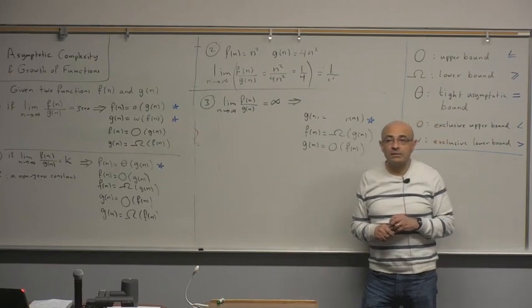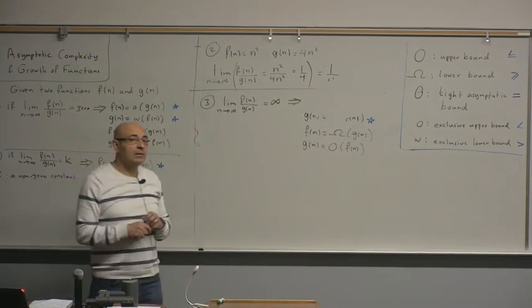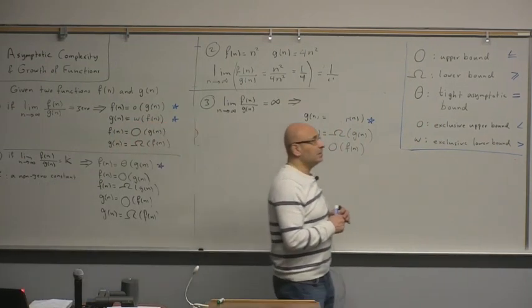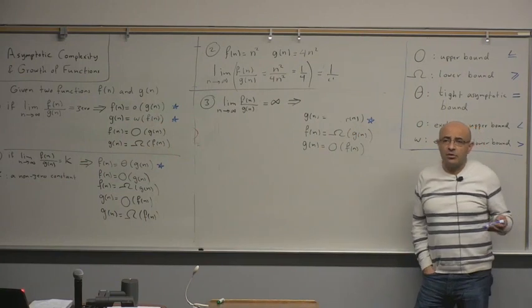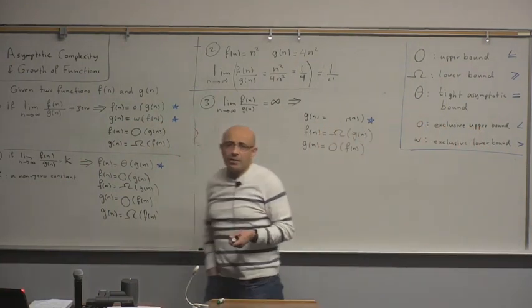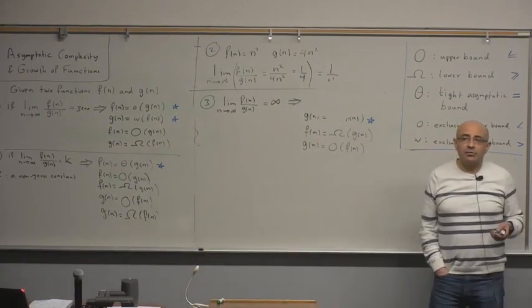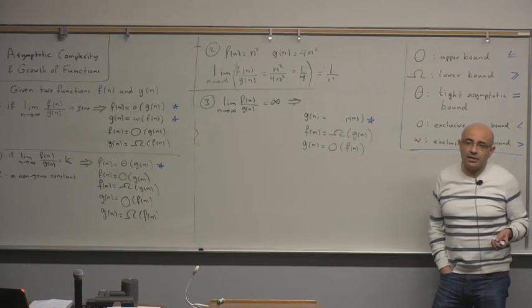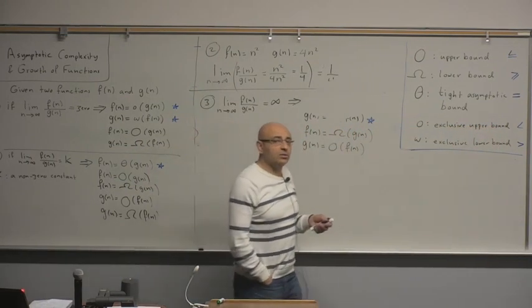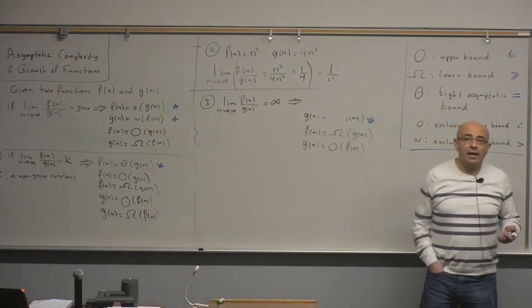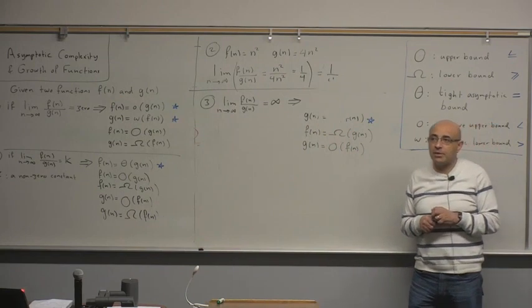Okay, yes? Is there no upper bound or lower bound for the best case? In theory, yes, you can. For the best case, you can use upper bound and lower bound, but usually the best case is an easy case for which we know the theta. It's a lucky case, and usually very simple, and we already know the theta, so there is no reason to use the big O and big omega.